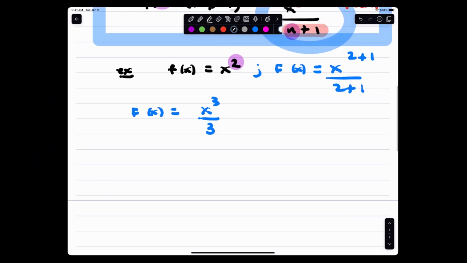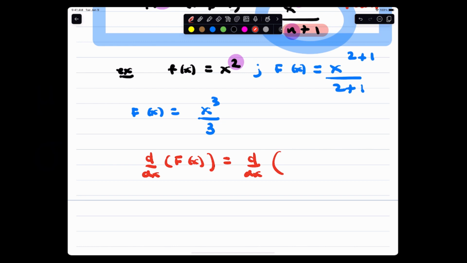Anyway. Okay. So let me show you guys what this is. They're saying that if you differentiate what? The big F, the antiderivative function, I should get the original function f.